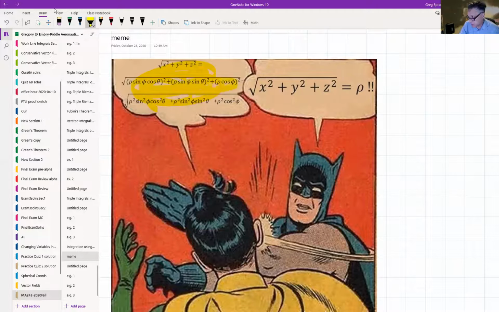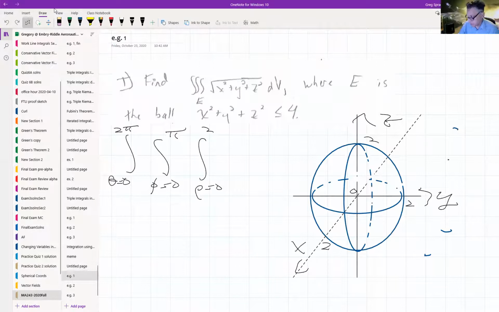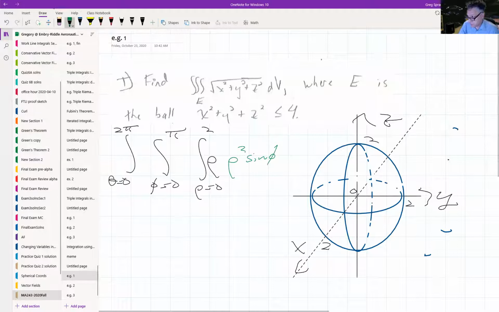He replaces x, y, and z with their conversion formulas, and he starts to simplify it, and probably makes a mistake in simplifying it because it's tricky. What you should do is just use the idea that rho is the distance from the origin. That's from the distance formula. So the integrand is rho, and we also need that extra rho squared sine phi. We always need that in these spherical triple integrals.